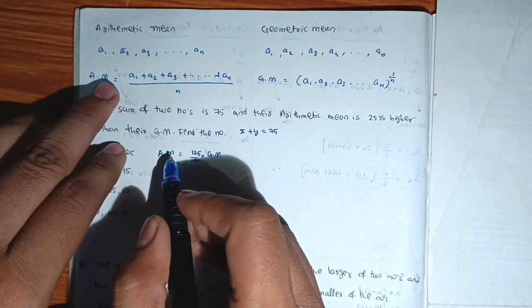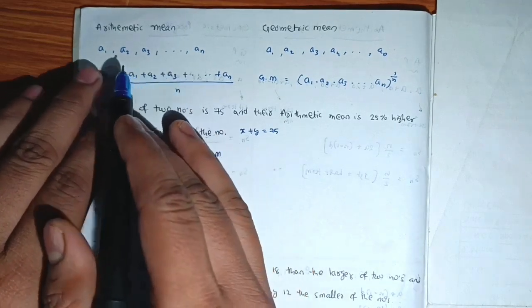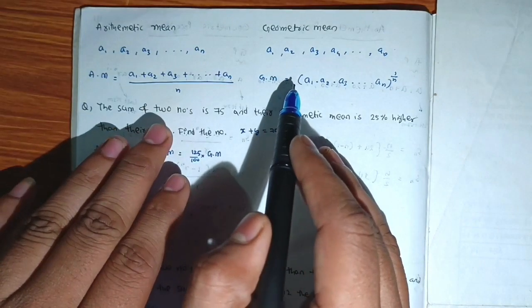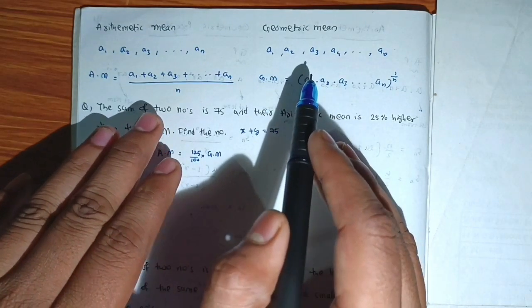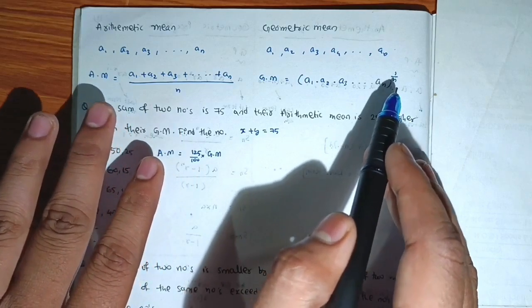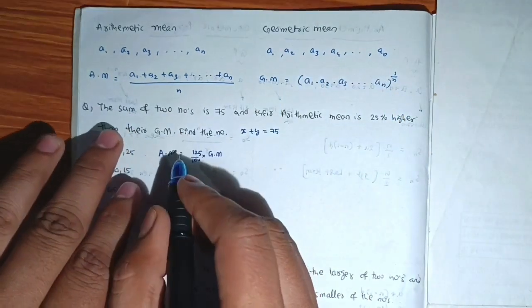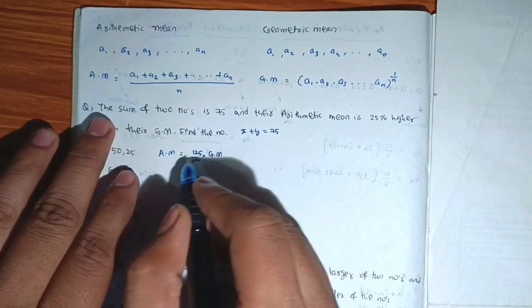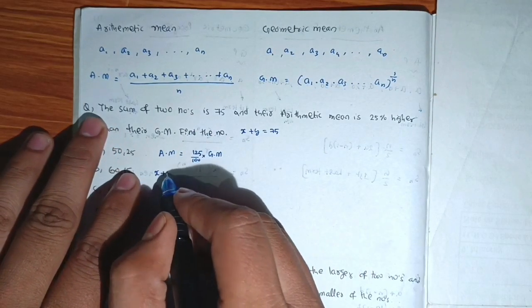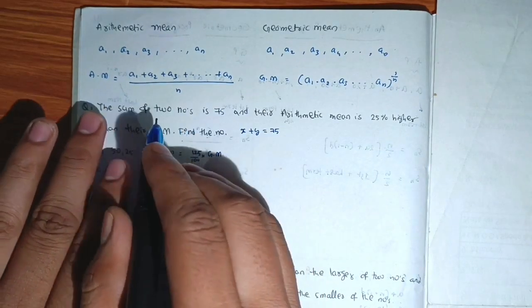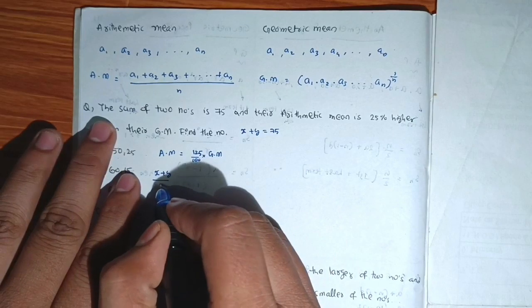The arithmetic mean is the sum of the terms divided by the number of terms. The geometric mean is the product of the terms to the power 1 by n, where n is the number of terms. Here only two numbers are taken. So the numbers are x plus y, which is the sum, and the number of terms n is 2 only.